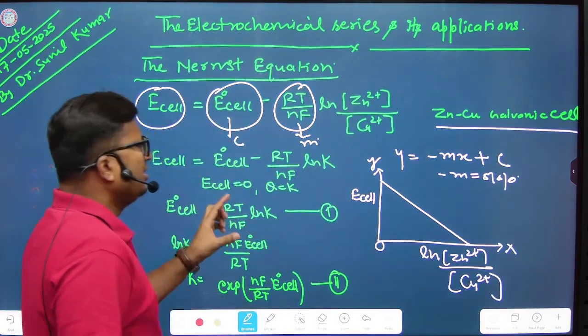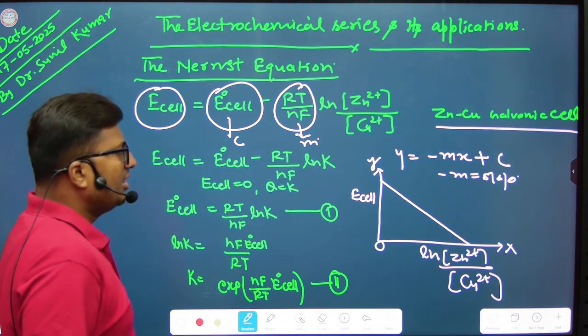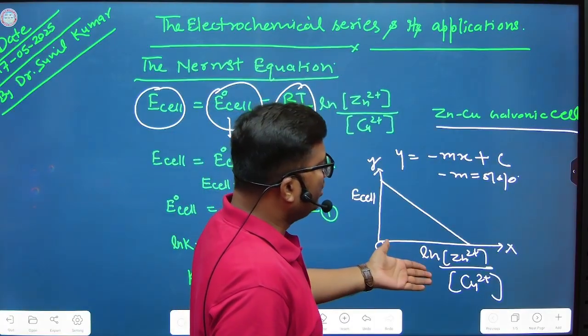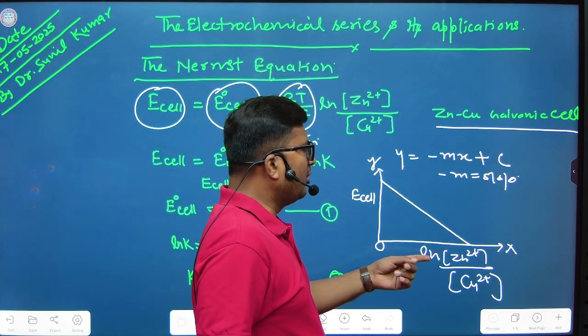So the change of cell potential in an electrochemical cell actually depends on the natural logarithm of this ratio.